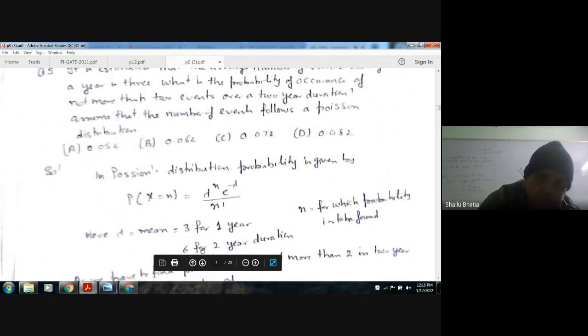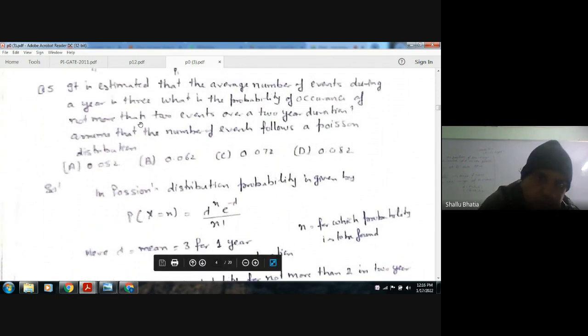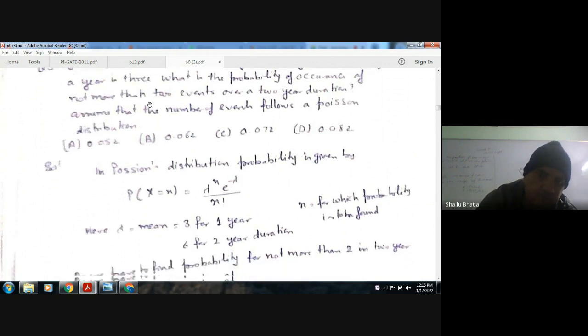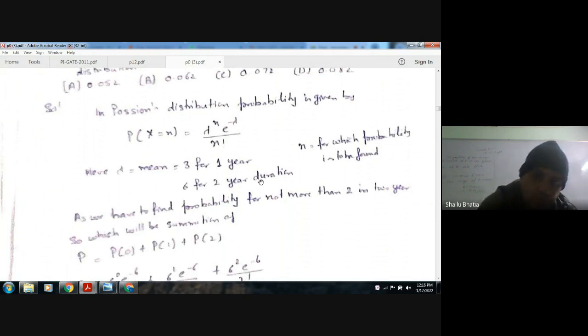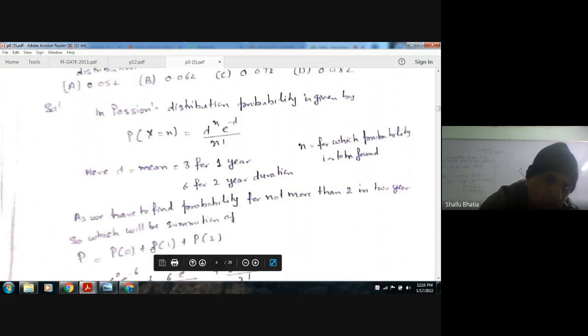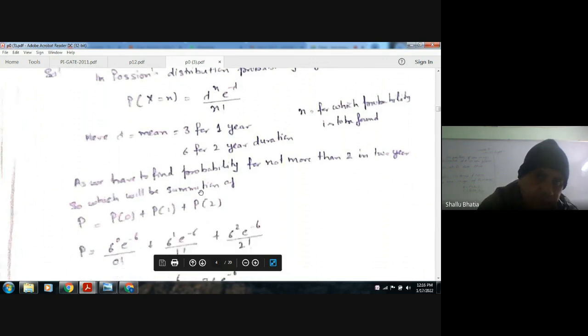As it is given that the average number of events during a year is 3 events, and we have to find the probability of occurrence of events over a 2-year duration. So for a 1-year duration, the average number is 3, and for a 2-year duration, the average number is 6. Now we have to find the probability of not more than 2 events in 2 years, which is the summation of the probability of occurring 0 events, 1 event, and 2 events.